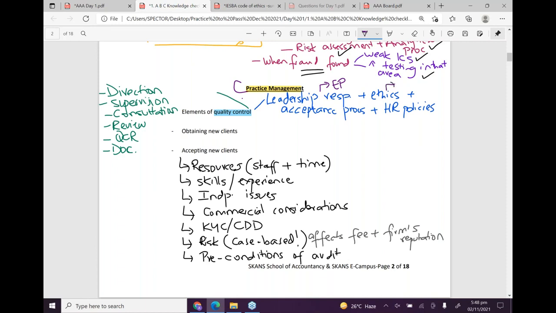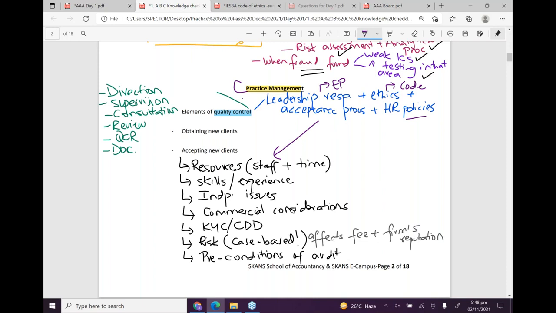You need to make sure the code of ethics is followed, otherwise quality is compromised. Before accepting, all of these procedures need to be performed, otherwise quality might be compromised. Your audit team should have the required skills, etc.